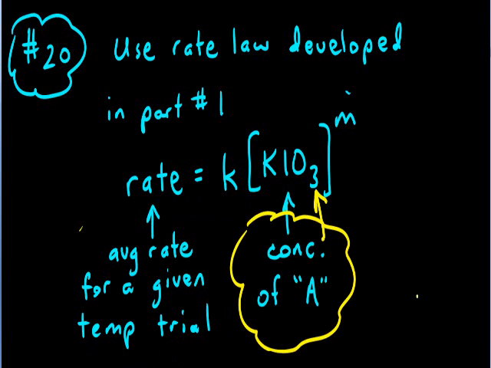Now in part 2 in the lab, keep in mind the concentration of chemical A was kept constant from one trial to the other as we were looking at the influence of temperature on the rate of the reaction. So chemical A was kept constant throughout the lab exercise.